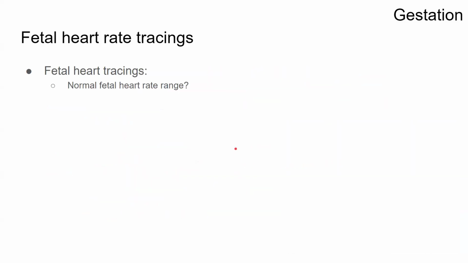When you're looking at a fetal heart rate tracing, you want to see if it's in a normal range. The normal fetal heart rate range is 110 to 160 beats per minute, and we'll see this on some example fetal heart rate tracings coming up.